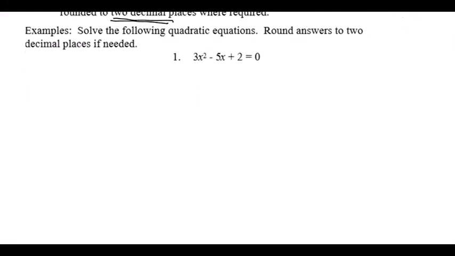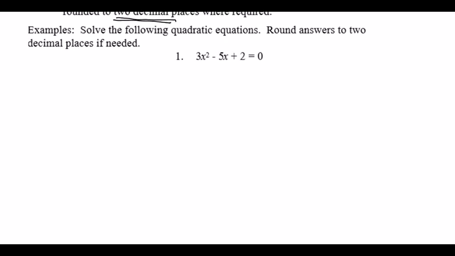These problems ask you to solve the quadratic equation, and we're going to round the answers to 2 decimal places. But in this case, I'm going to ask you to leave your solution as fractions for now.